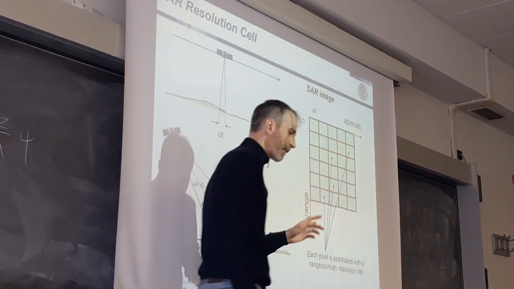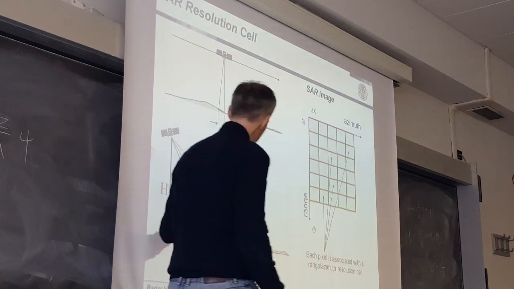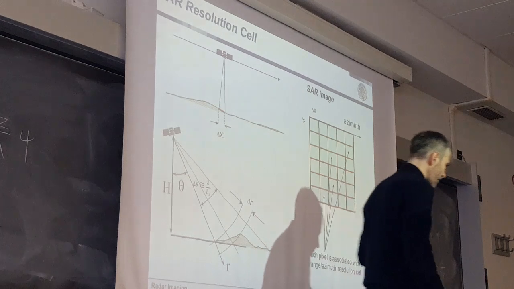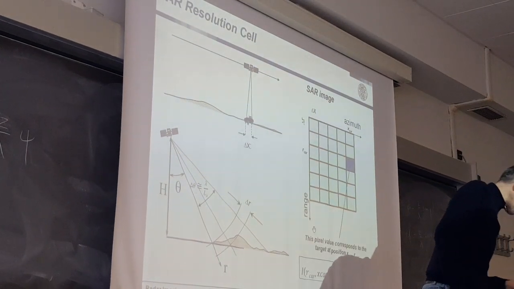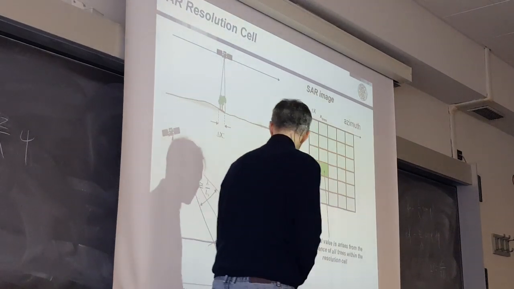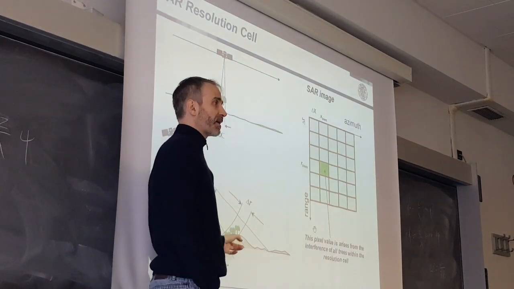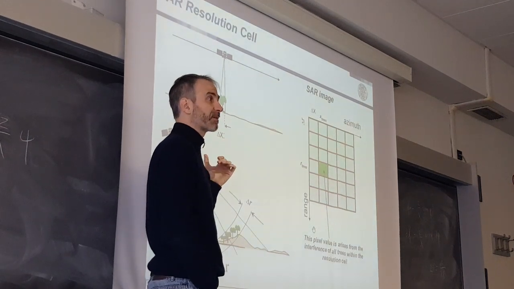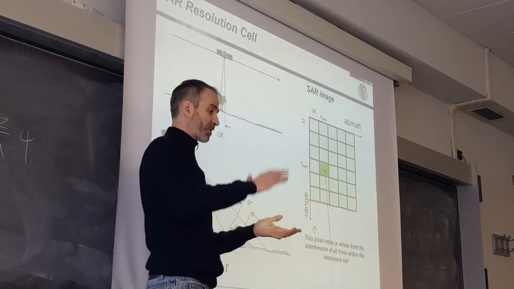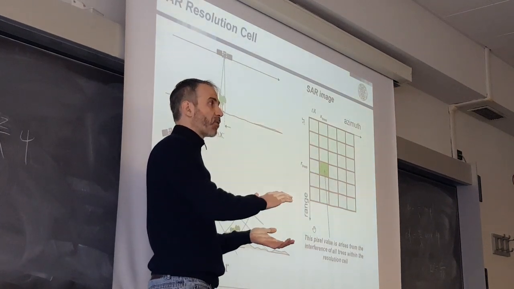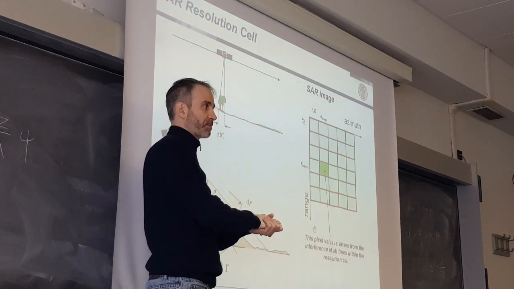This might look like an ambiguity, because you have many trees at different positions but at the same distance from the radar, so they are compressed onto the same pixel.